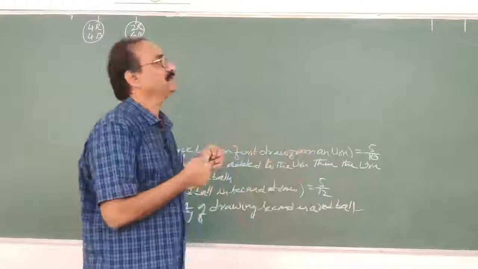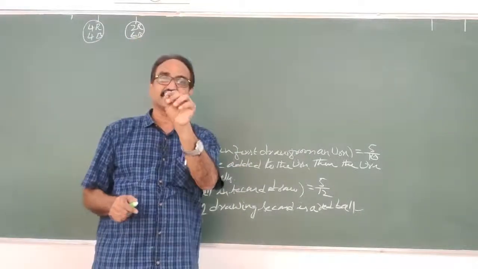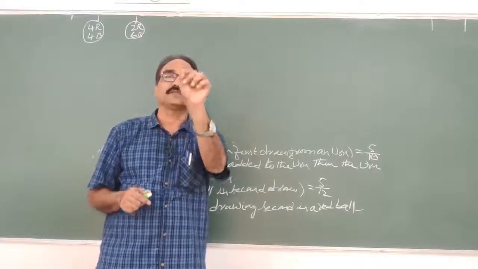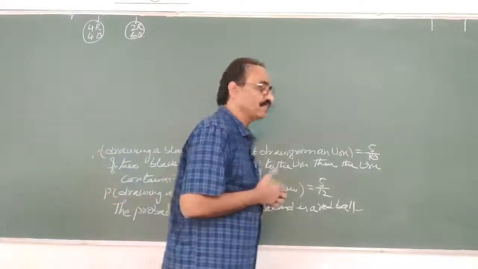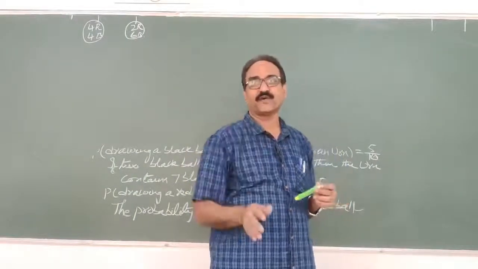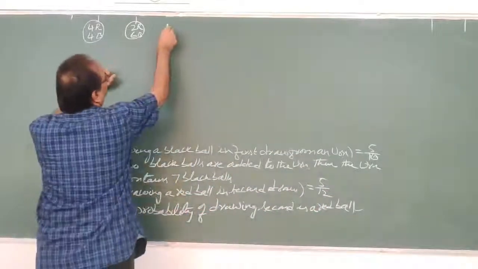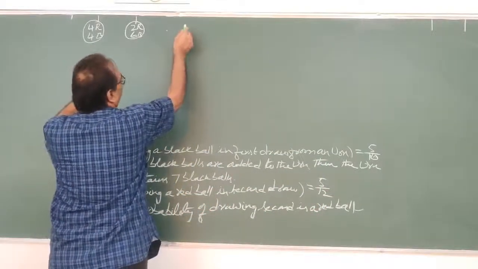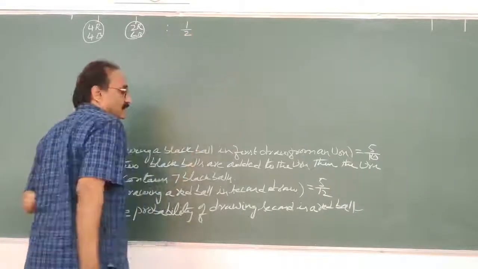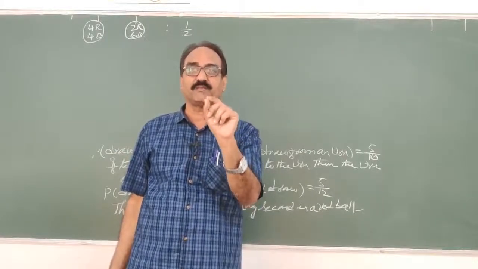In a similar fashion, if 2 bags are there, first of all you have to select any one of the bags. Any bag you select, the probability is 1 by 2, because there are 2 bags and 1 bag you have to select. So I will write here, the probability of selecting bag A is 1 by 2.